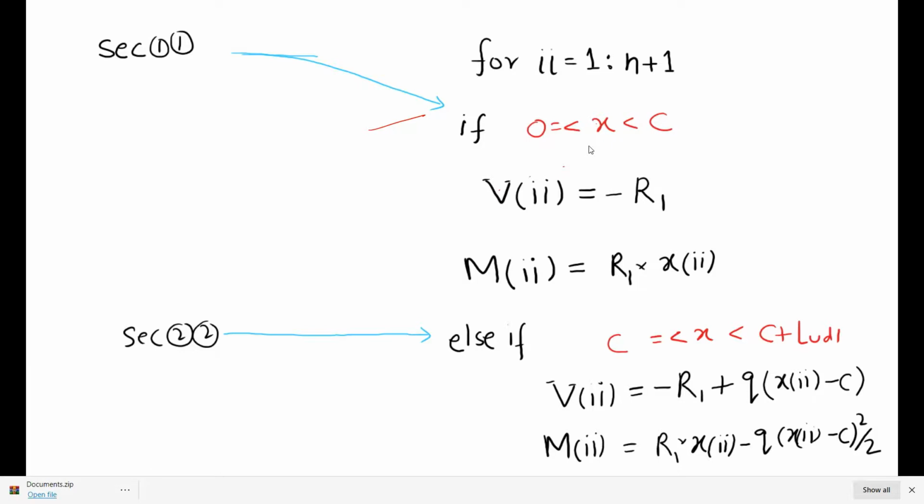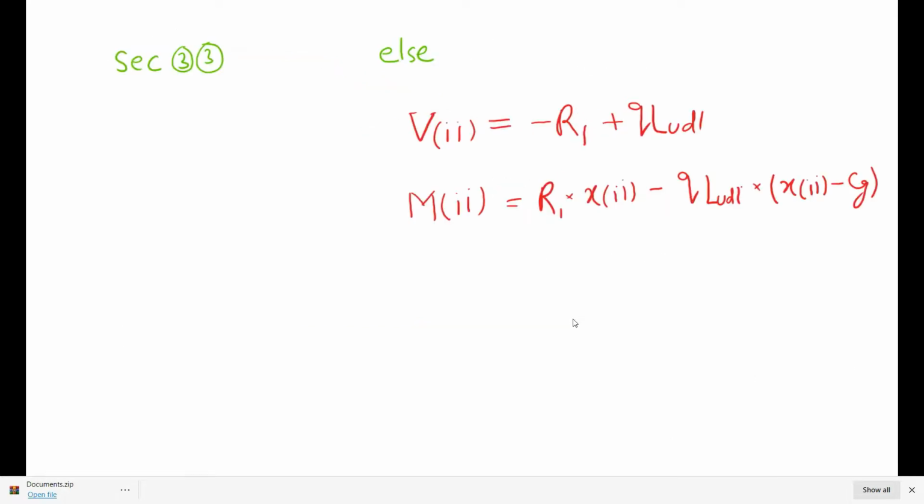Otherwise, if it lies in the second section, then else if, we have to write this else if, and then we go to x between c and c plus the length, and the shear force and bending moment would be corresponding to this criteria. And otherwise, if those criteria are not fulfilled and the section lies in the third, then else the shear force and bending moment would be this, and then we end it: end for if and else.